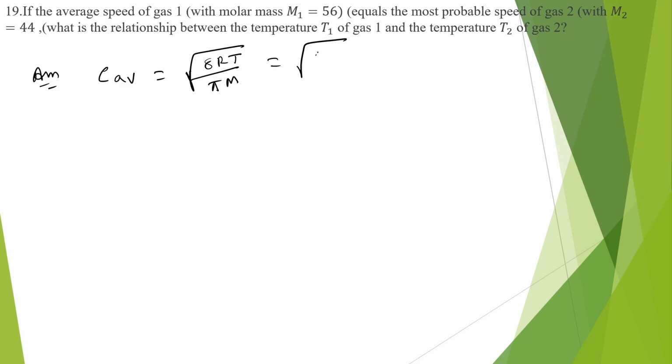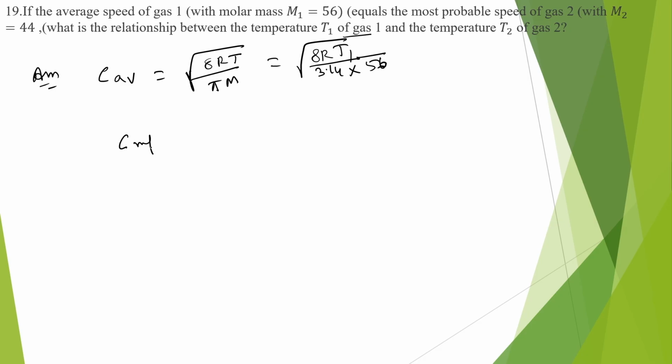So, root over 8 R T1 by pi, which is 3.14, and the molar mass of gas 1 is given 56. Then it says the most probable speed of gas 2.